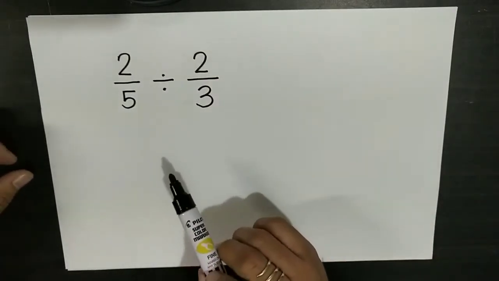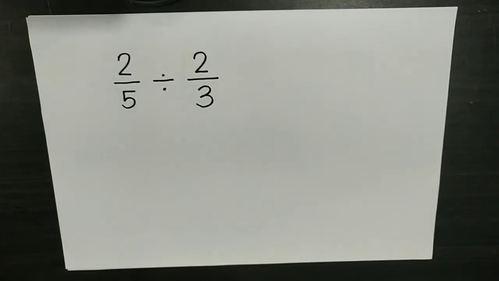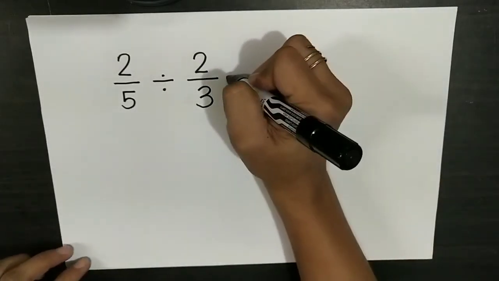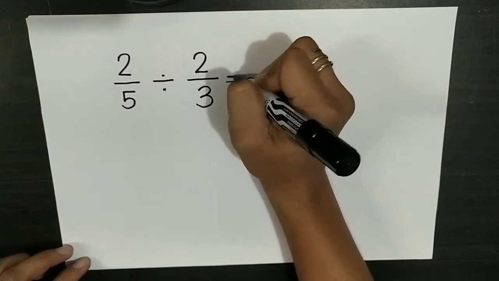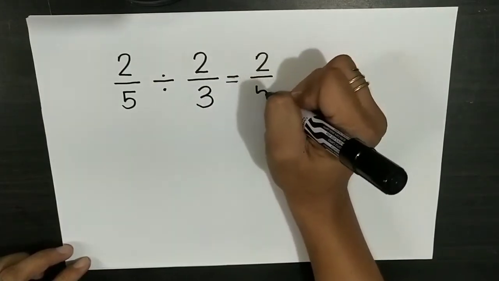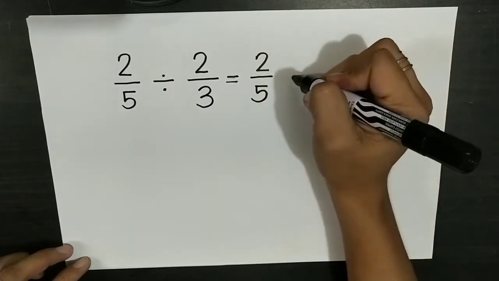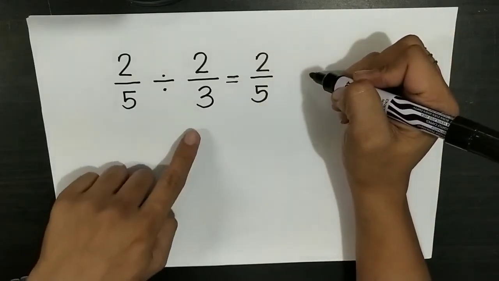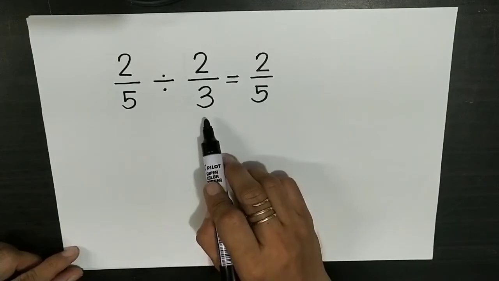Okay, so I have here 2/5 divided by 2/3. In dividing fractions, we need to copy first the first fraction, 2/5. Then take the reciprocal of the second fraction, 2/3.